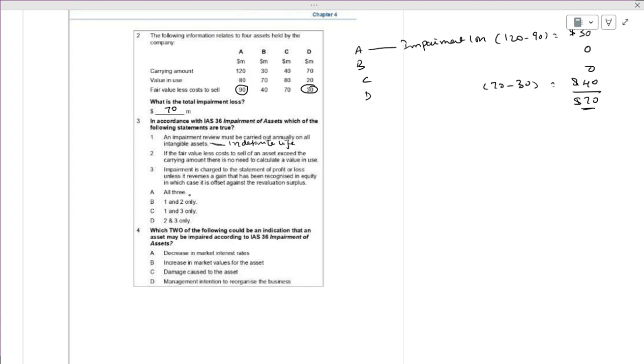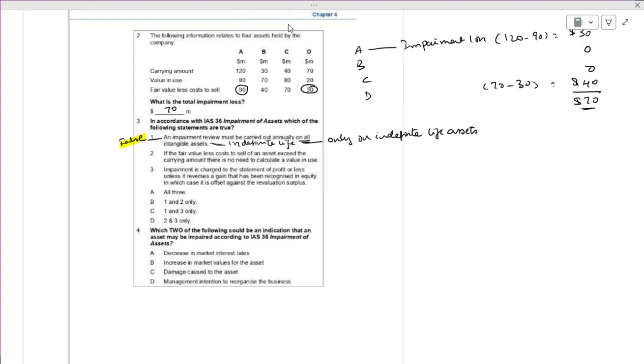We cannot say that it must be carried out on all intangibles. We can only say on indefinite life assets. This is not true. It is false, not all assets.